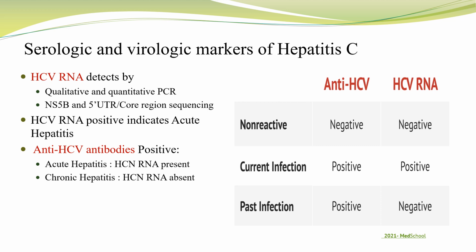If it's positive, it indicates acute infection. But also we have antibody against HCV, and if it's positive, we should see if at the same time we have RNA, which shows acute hepatitis. But if we cannot detect RNA, it is chronic hepatitis.